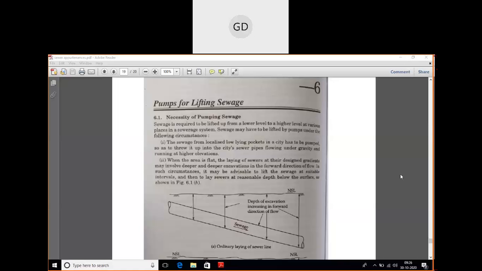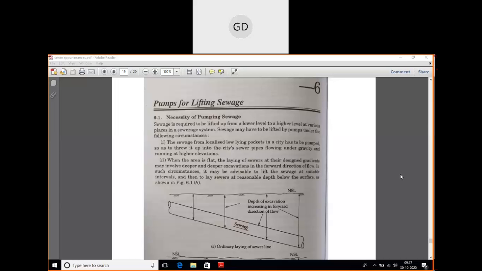Generally, sewage is to be lifted from a lower level to a higher level with the help of a pump. Everyone knows why a pump is used: it is used to lift something. Pumps used for lifting sewage are used under different circumstances. So what are the circumstances needing a pump?